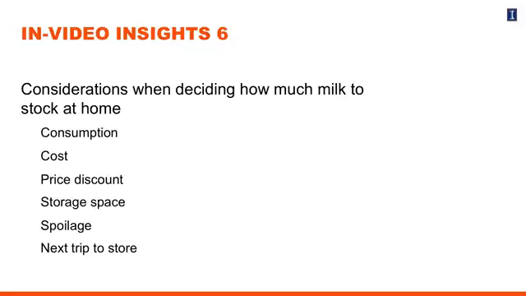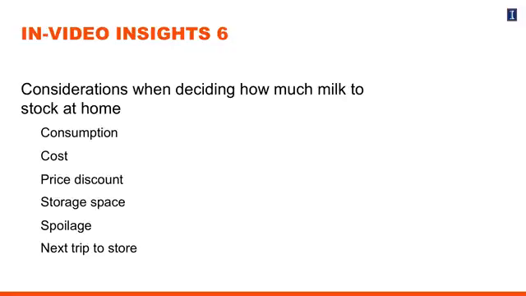And there might be some uncertainty in how much you consume in that time, so you might get a little bit extra based on what if guests come, or what if your family consumes more than they normally do in that period before you go to the store next. So these are the kinds of things you think about when you decide how much to purchase in terms of groceries for your household.